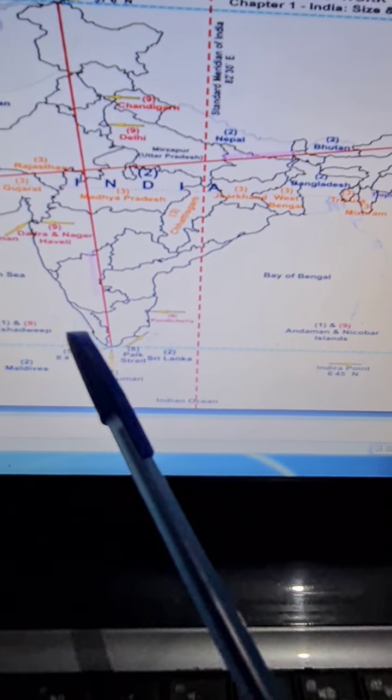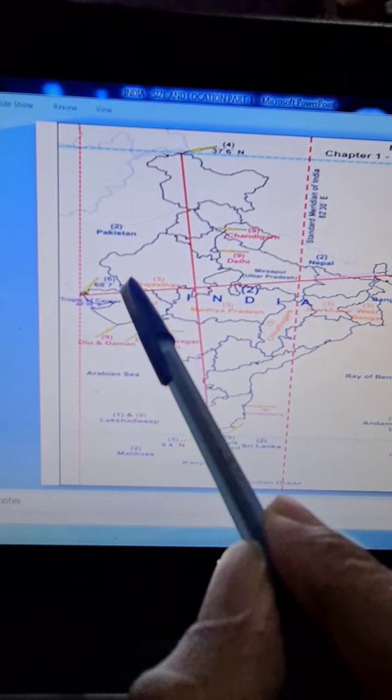When we look at the location of our country according to its latitude and longitude, you can easily find out. Just look here, 37 degree 6 minute north has been given and 8 degree 4 minute. And if we look at this place, 68 degree 7 minute and in the east 97 degree 25 minute has been given.